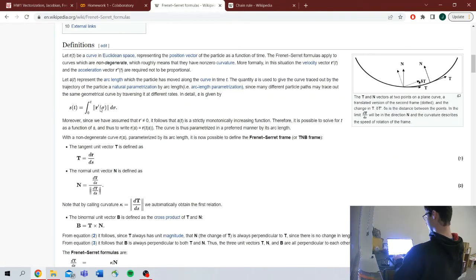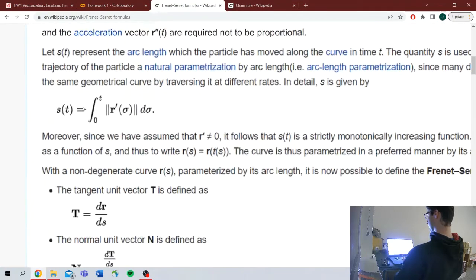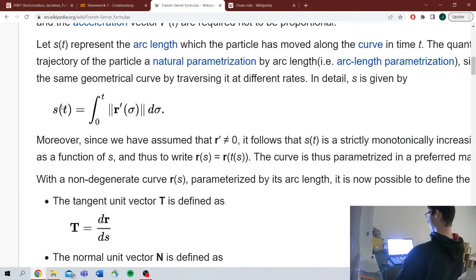Our ds dt is simply equal to taking derivatives of both sides of this here. Remember, taking the derivative will cancel this, and we'll be left with the norm of our function.